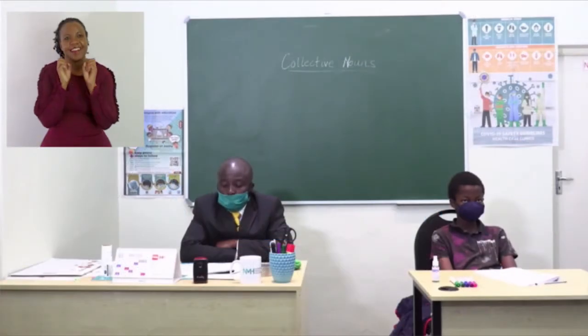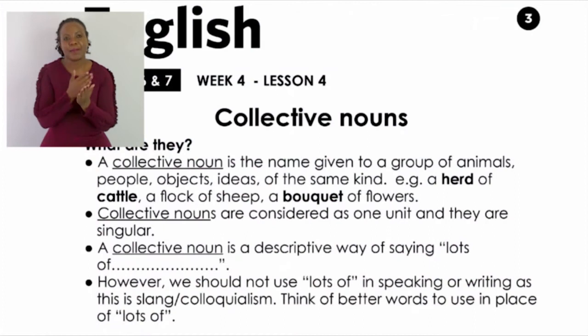All right. Let us turn to page 3 of our booklets. Collective nouns. What are they? A collective noun is the name given to a group of animals, people, objects, ideas of the same kind.